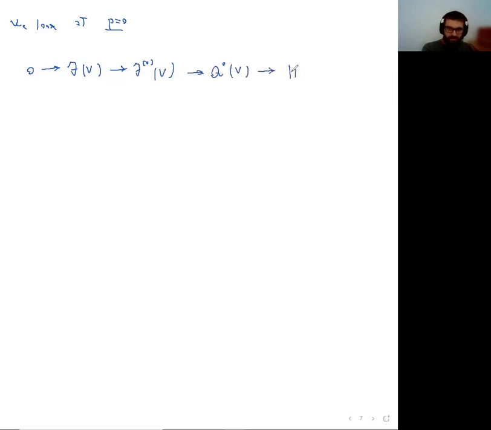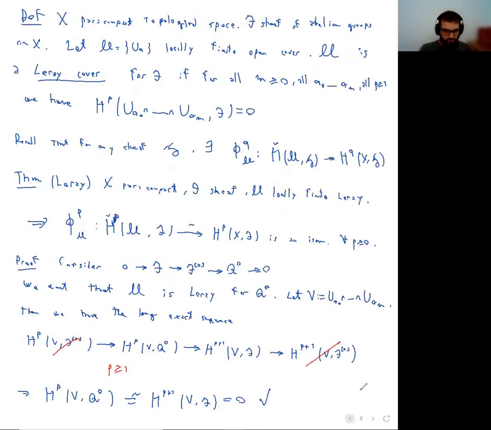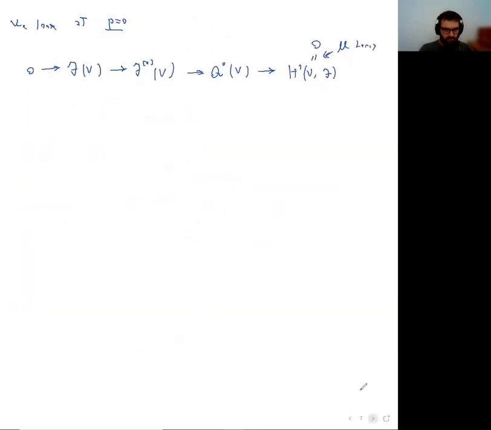And then here, what we should get is H1 of F, sorry, on V, because we're taking everything restricted to V. But this is 0 again, because U is Leray. So what we have now is that this is a short exact sequence for every V. Remember, V was one of these intersections. Where is it? Oh, did I delete it?